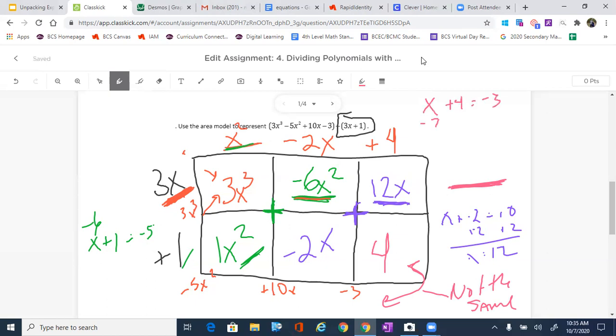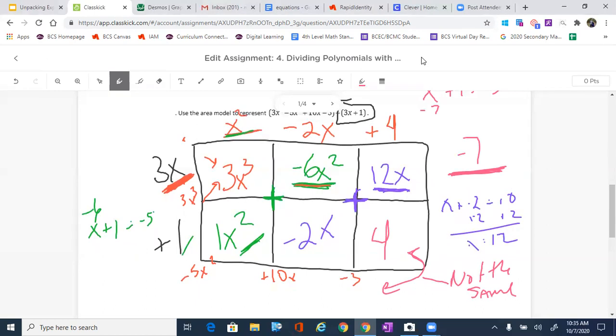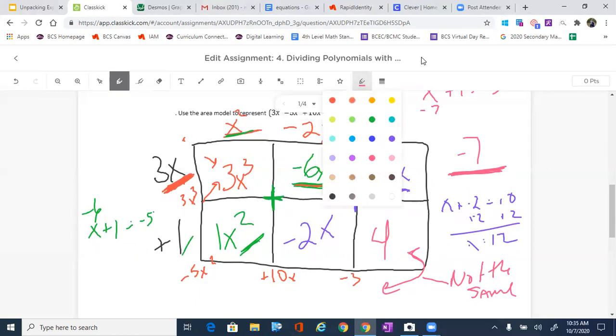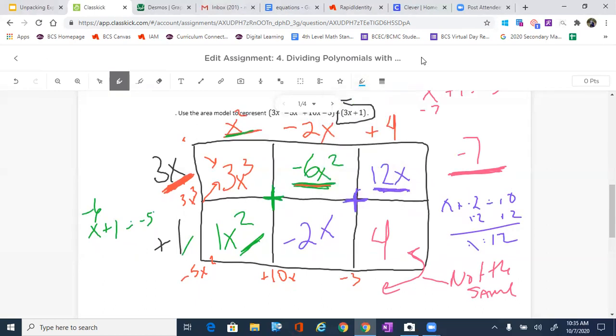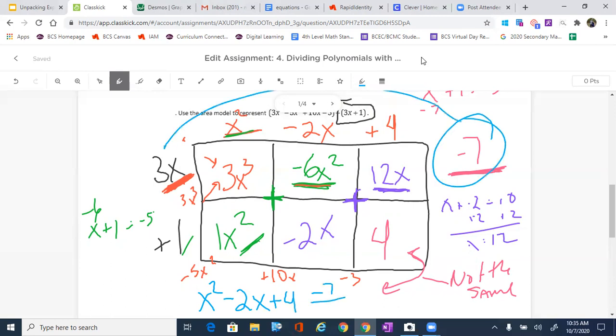I know that is negative 7, so I'm going to put negative 7 over here. And once we've got that, I'm going to write my answer with the remainder. I'm going to write x squared minus 2x plus 4, and negative 7, and I put that remainder right over the top of that divisor, 3x plus 1.